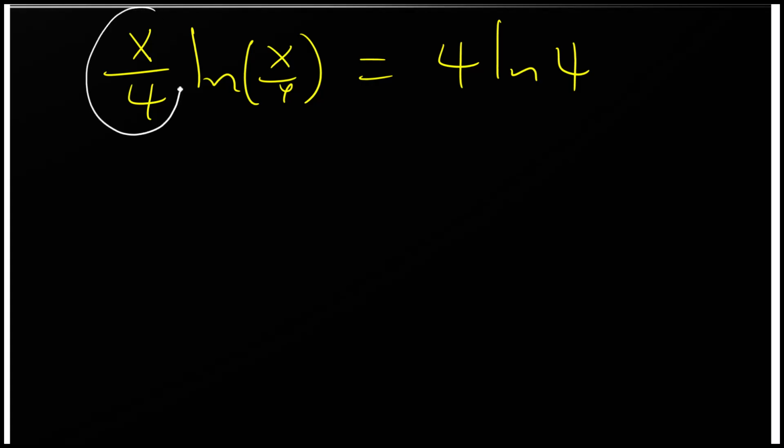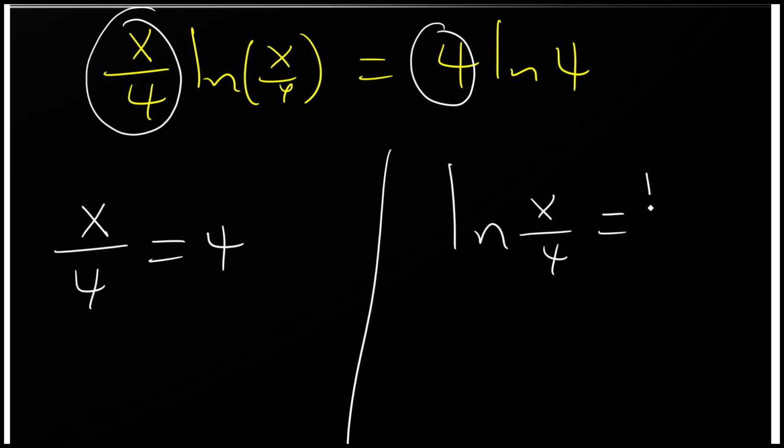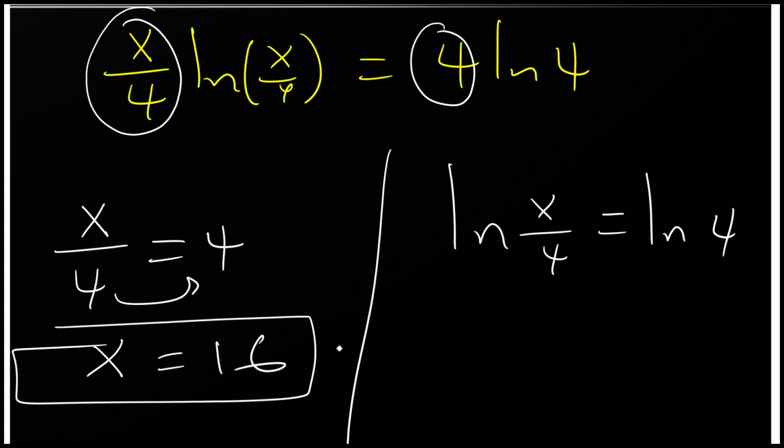This one is the same as this. So x on 4 is the same as 4, or ln of x on 4 is the same as ln of 4. So x equals 16. And if you want to go by this, once we take anti-log, x on 4 will be 4, which will give us the same answer, 16.